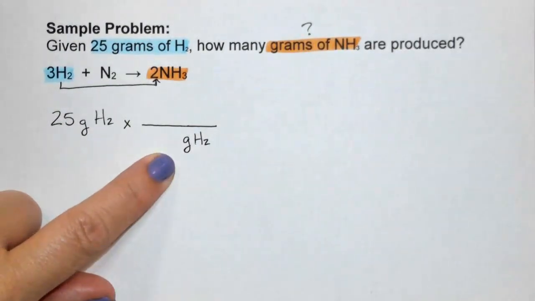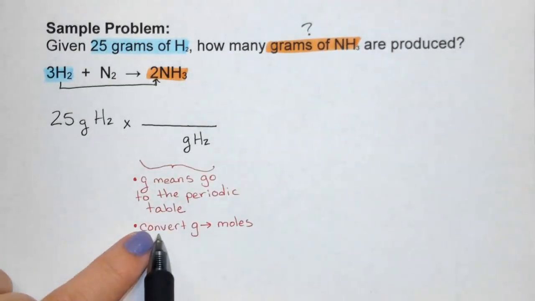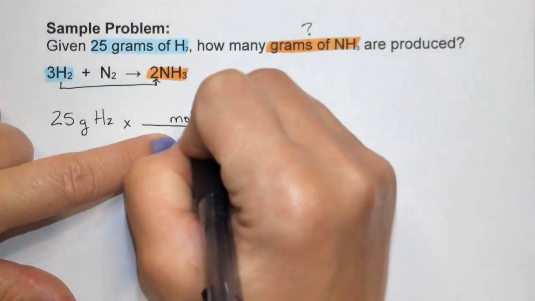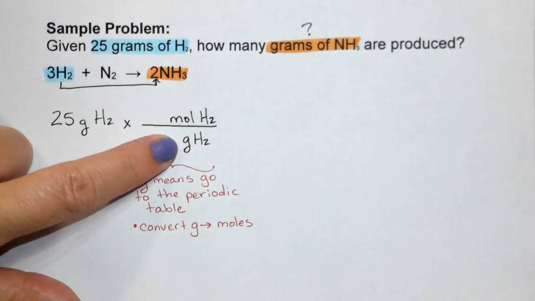Now, anytime you see grams, we're going to go to the periodic table, and we want to convert from grams to moles. Your goal is to get to mole so that we can do a mole-to-mole ratio in this stoichiometry.